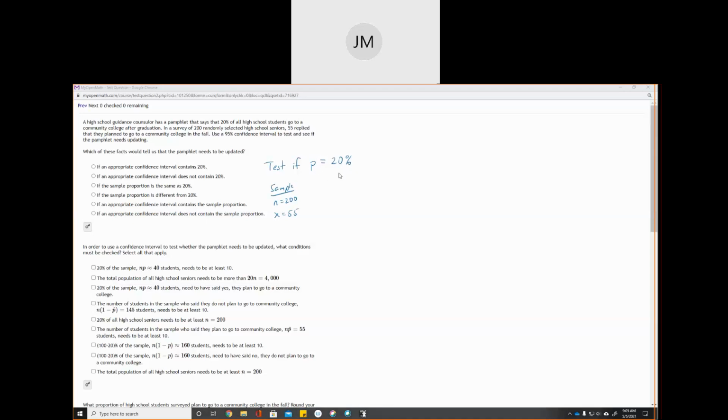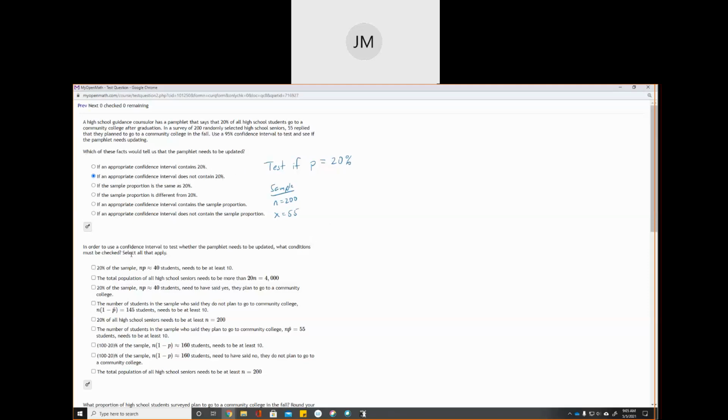So if 20% is in the interval, then the pamphlet does not need updating. But if 20% is not in there, then we have strong evidence that the 20% is wrong and the pamphlet needs to be updated. So if we create a confidence interval and it does not contain the 20%, then the pamphlet needs to be updated. Okay, so we're going to come back to that at the end. And remember, this is the thing that we're looking for.